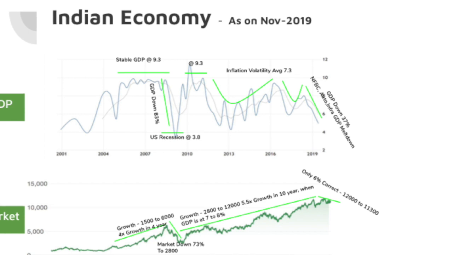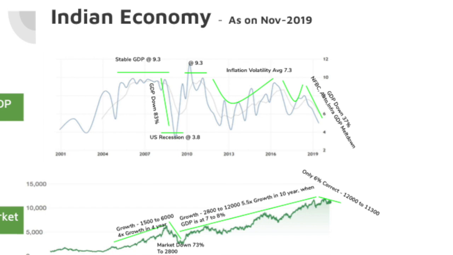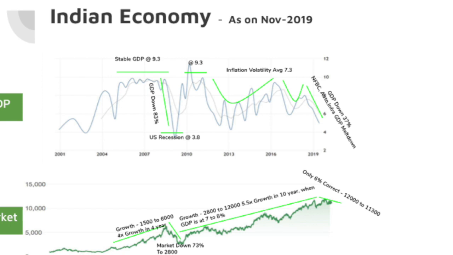Those were made so that our market was protected, right? But here is the challenge. Currently, the numbers show that we have corrected from our all-time high of 12,000 points, and we are currently in the October mid time frame.